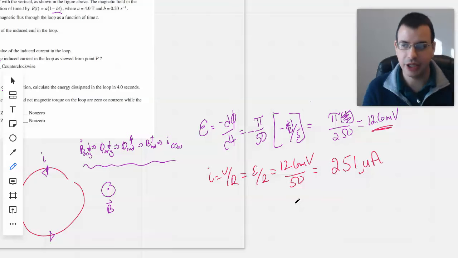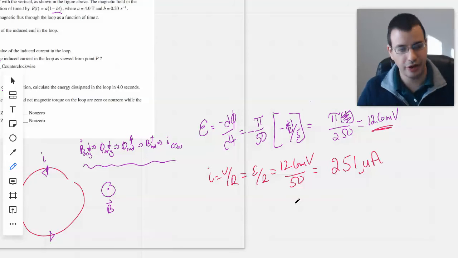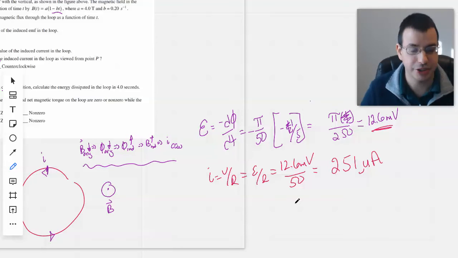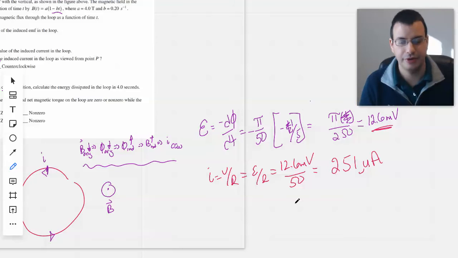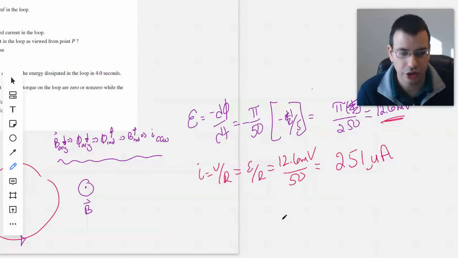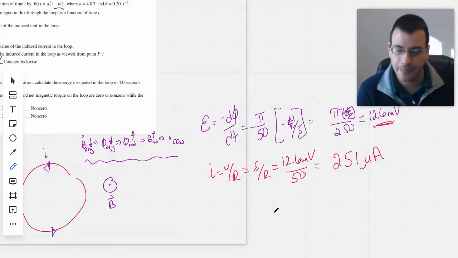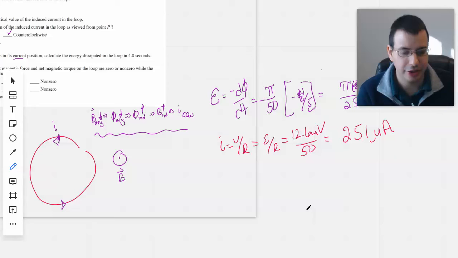Therefore, the derivative of magnetic field being constant and the area being constant, we're going to have a constant EMF, which gives us a constant current, which means that it should be pretty easy to calculate.